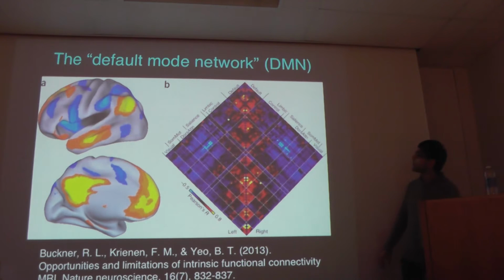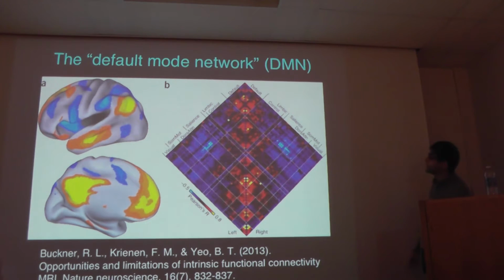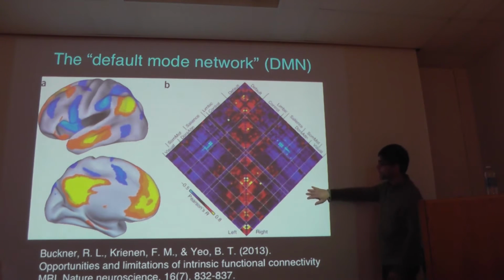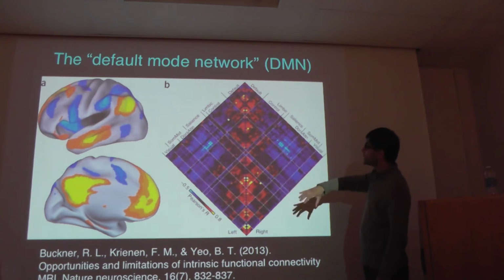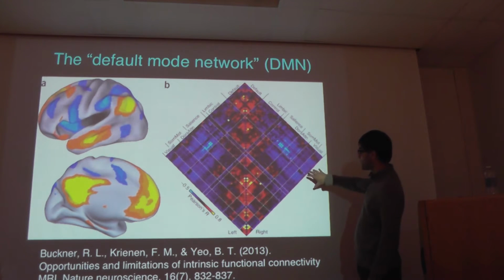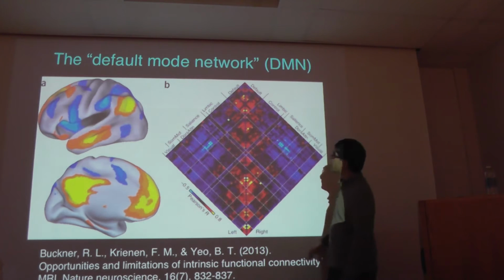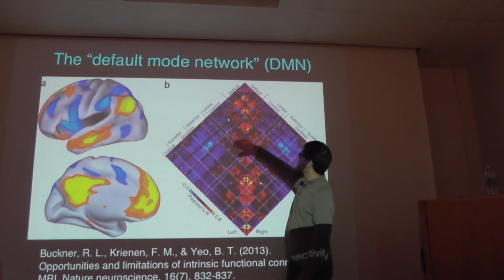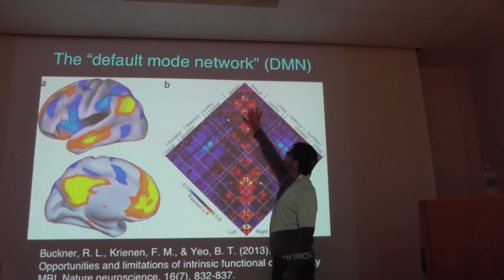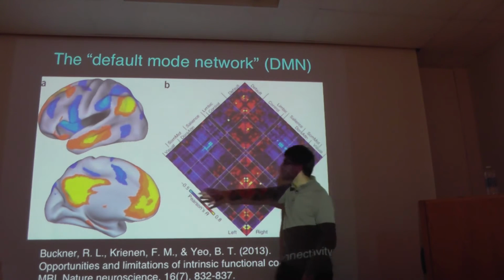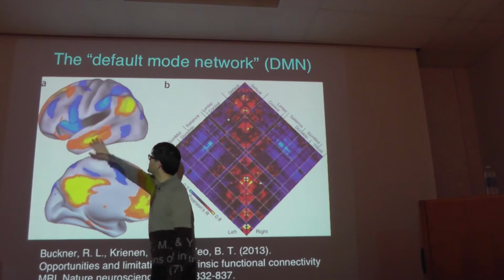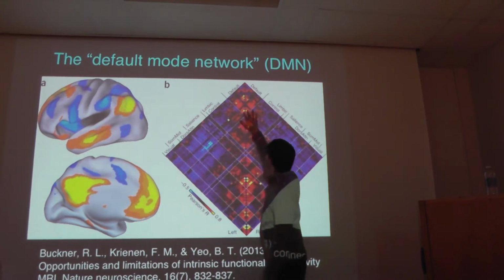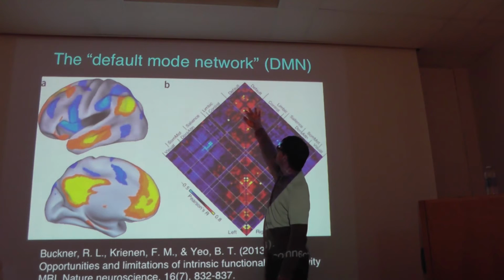And if you plot a correlation, so this is a correlation matrix, the degree to which different areas are correlated with each other positively or negatively, just by eyeballing it, you can kind of see that it splits up a bit. So all the default areas, the areas that are thought of as being part of this default network, they're all up here, and you see there's a lot of bright stuff here.